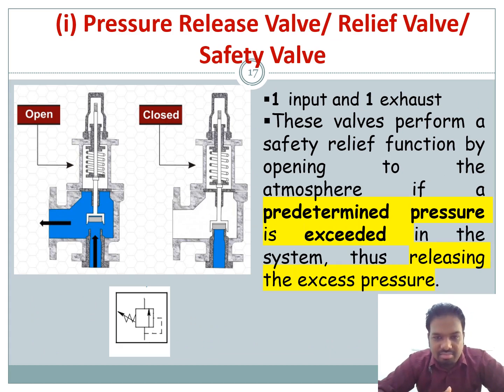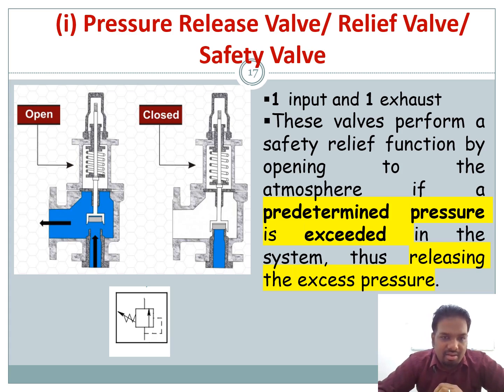There are various names, but this is practically used. It has one input and one exhaust. If you can read the description given: this valve performs a safety relief function by opening to the atmosphere if the predetermined pressure is exceeded in the system, thus releasing the excess pressure.